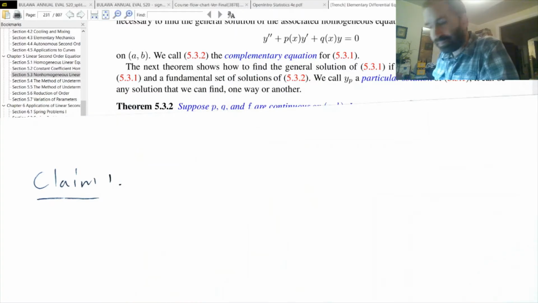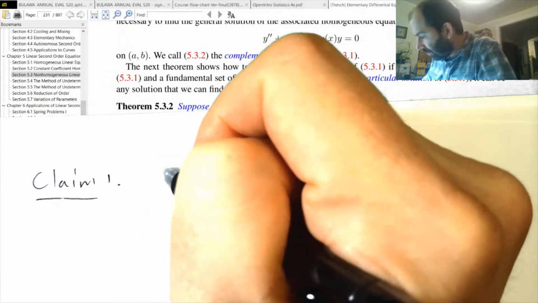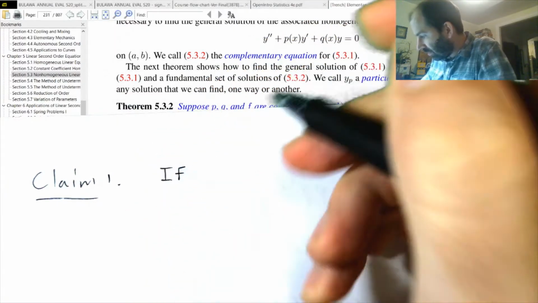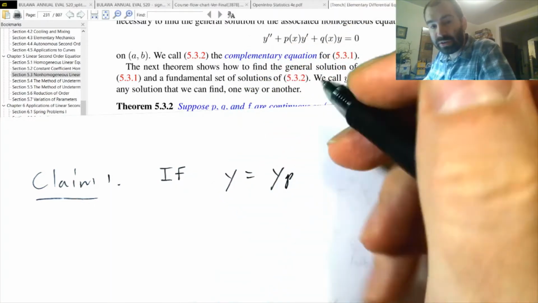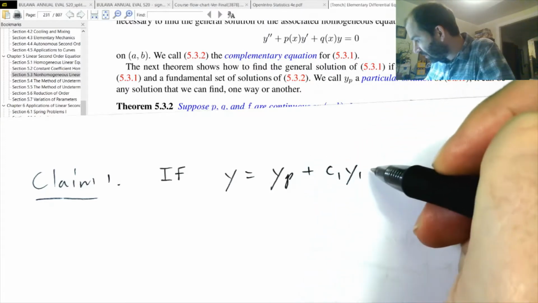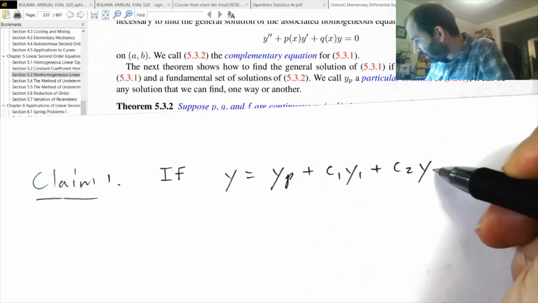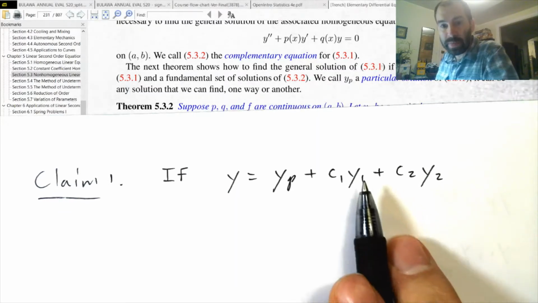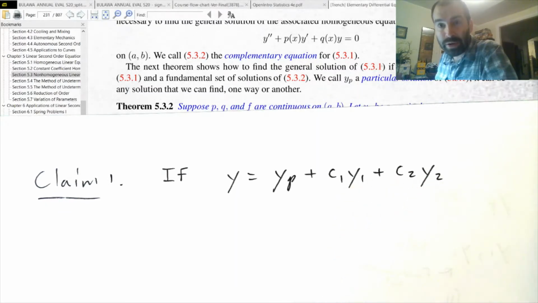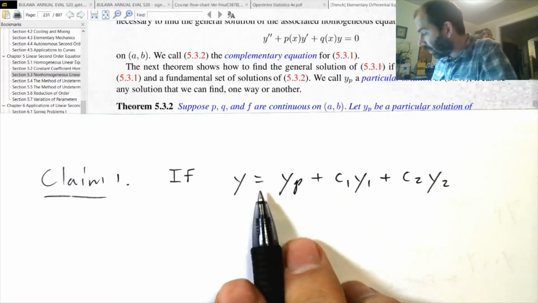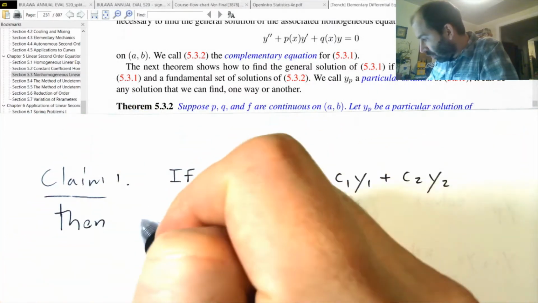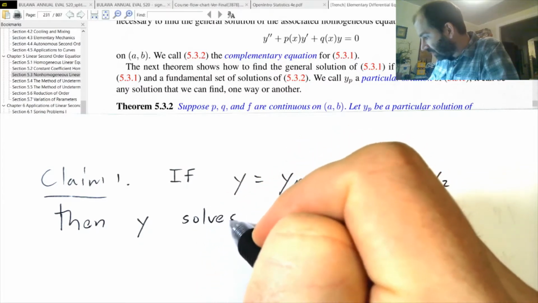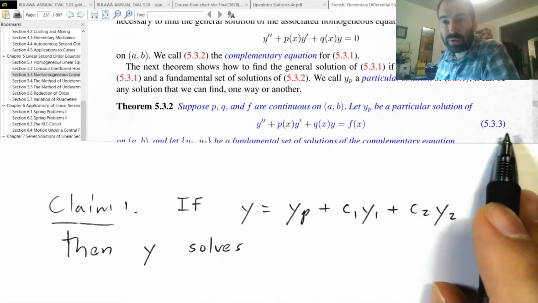Claim 1: if y equals the particular solution plus a linear combination of those two guys, and these are linearly independent solutions of the complementary equation, which gives us a fundamental set of solutions, if you write it like this, then y solves the differential equation, which we're calling 5.3.3, this guy.